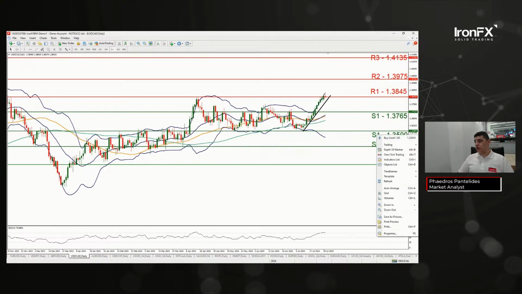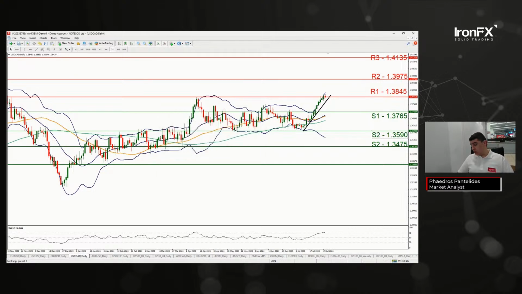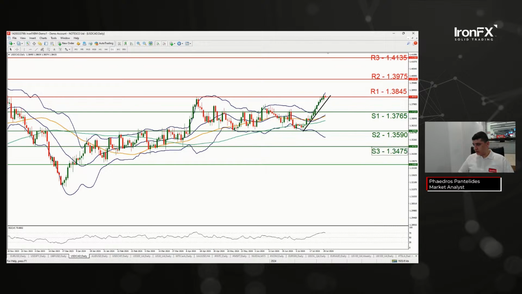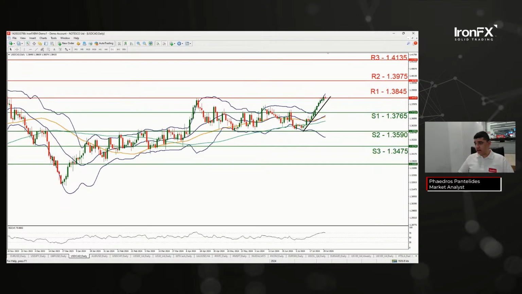S2 is the old S1, and S3 is the old S2. So this becomes S2, and then that becomes S3. And we can keep our resistance levels essentially the same, so remaining intact.